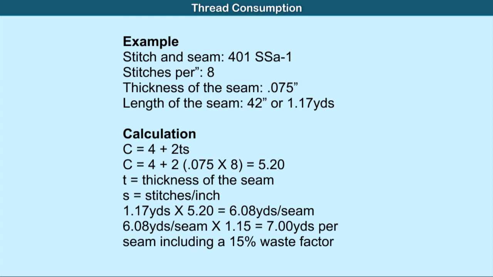So in this case it will be 1.17 yards multiplied by 5.20, which is 6.08 yards per seam. 6.08 yards per seam multiplied by 1.15 will be 7 yards per seam, including a 15% waste factor.